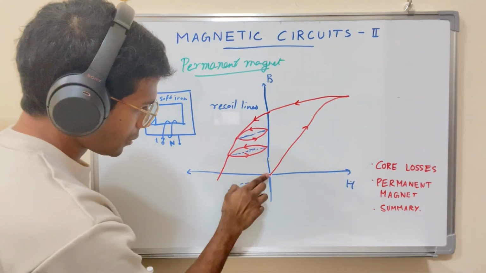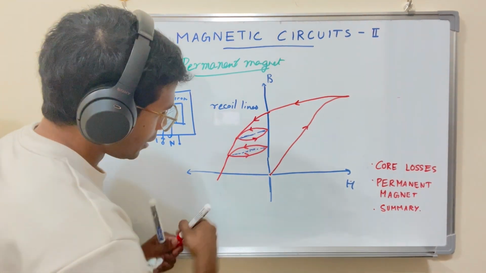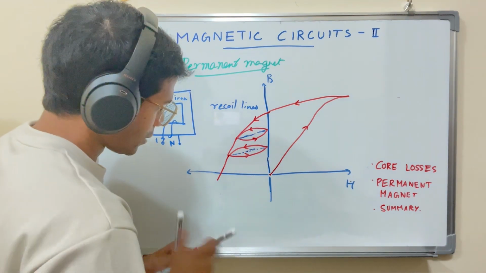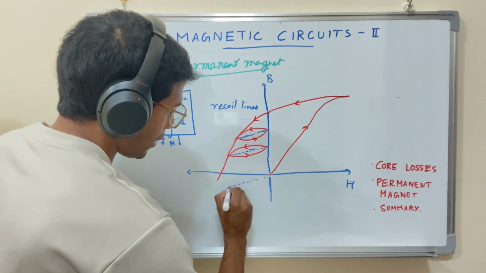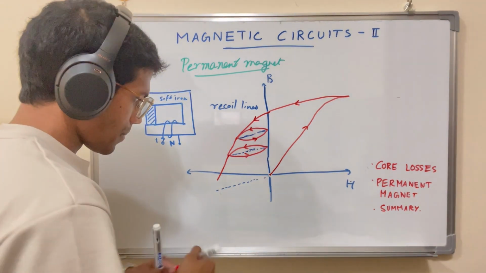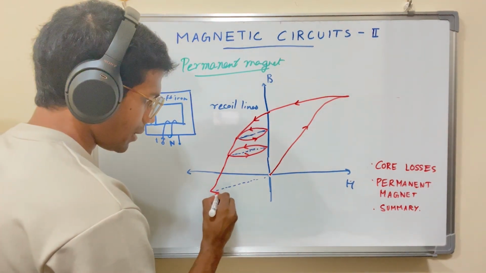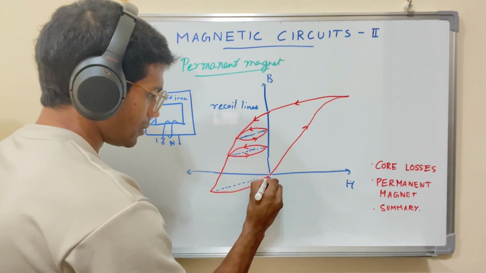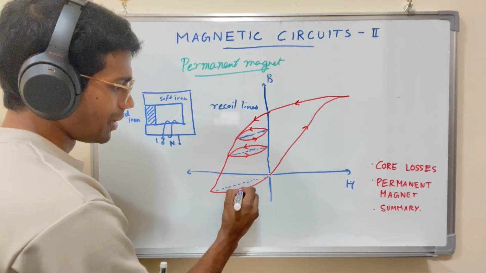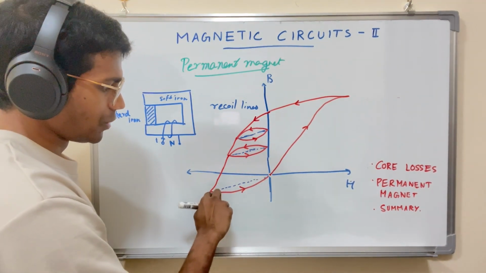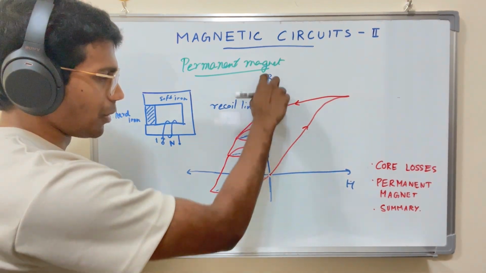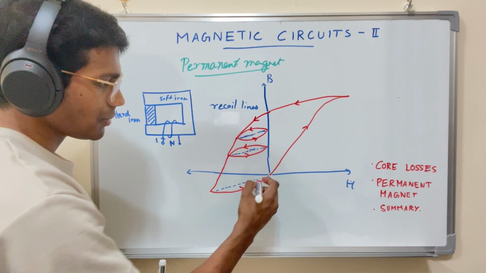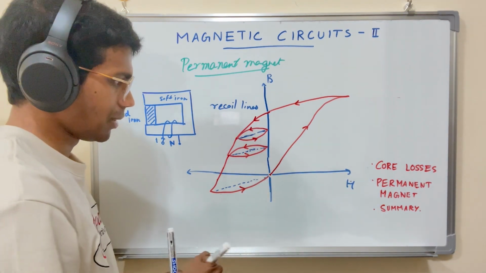So I think I drew that wrong. Let's see, it's this way. So maybe like that. Well, my drawing's not exactly to scale, but you get the idea. So we need to reach this point for it to return back to a point with 0 B when no H is supplied.